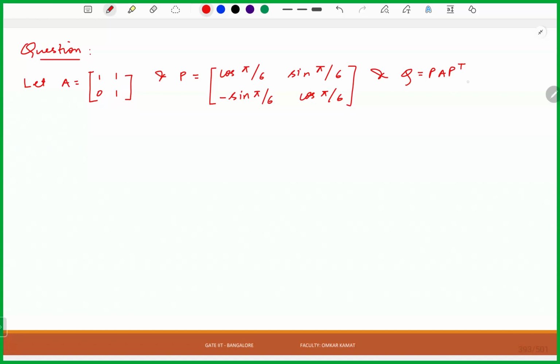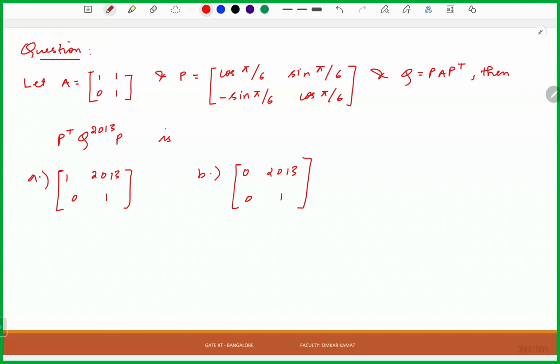Okay, if Q is equal to P A P transpose, then P transpose Q to the power 2013 P is: option A [1 2013; 0 1], option B [0 2013; 0 1], option C [2013 0; 0 2013], option D [0 2013; 2013 0]. Yeah, right.